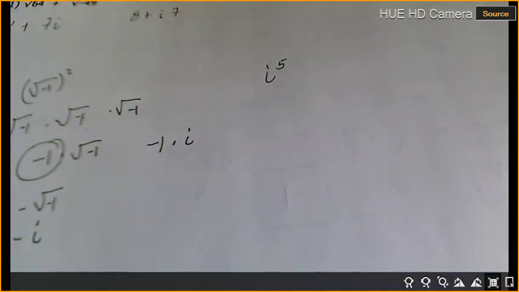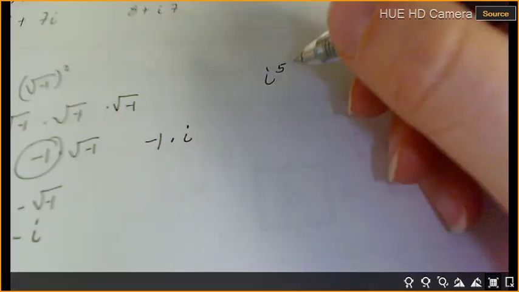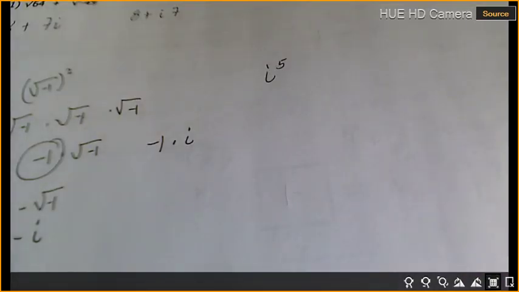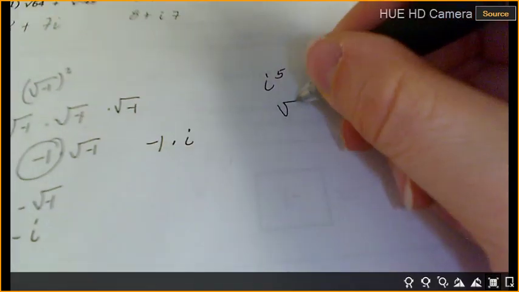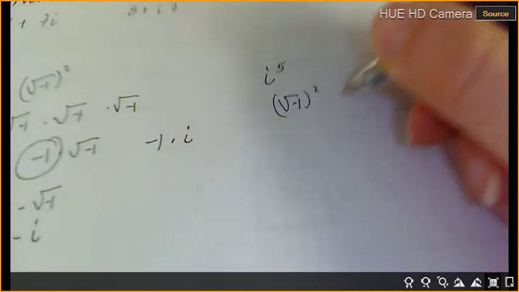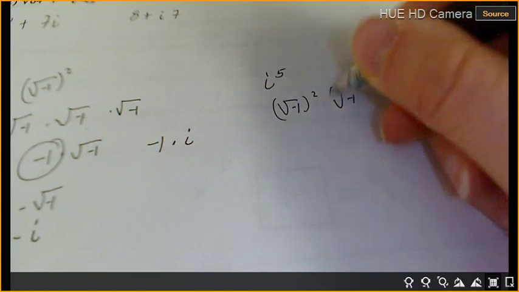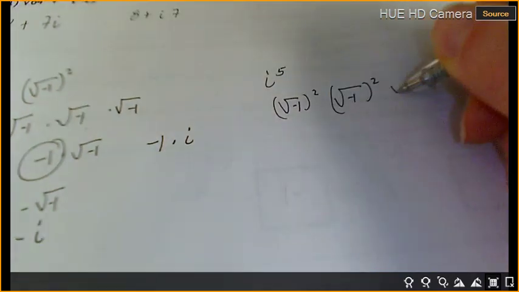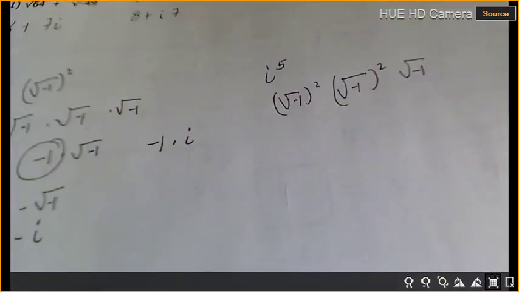Can I simplify this into as many pairs as possible? So I know I've got square root of negative 1 squared, and I've got square root of negative 1 squared, and then I've got 1 square root of negative 1 left over. We okay with that?